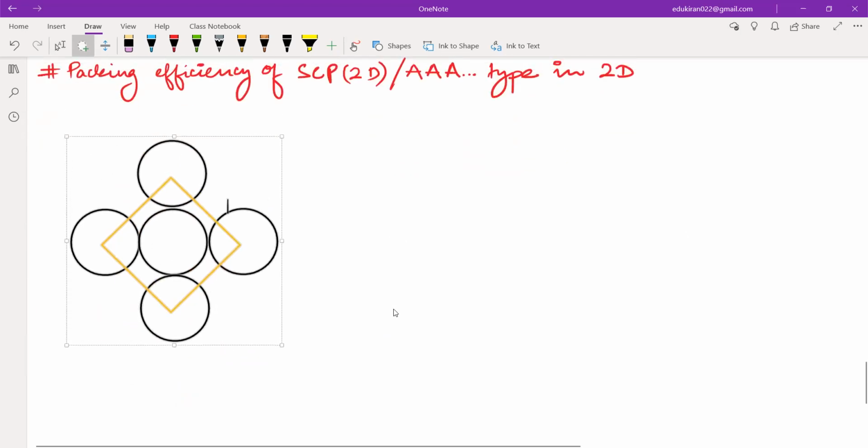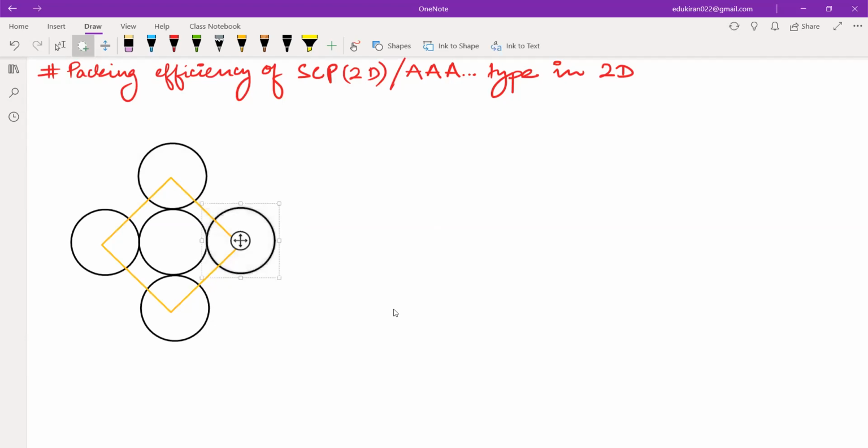We have got the unit cell here. All of these are touching each other, right?